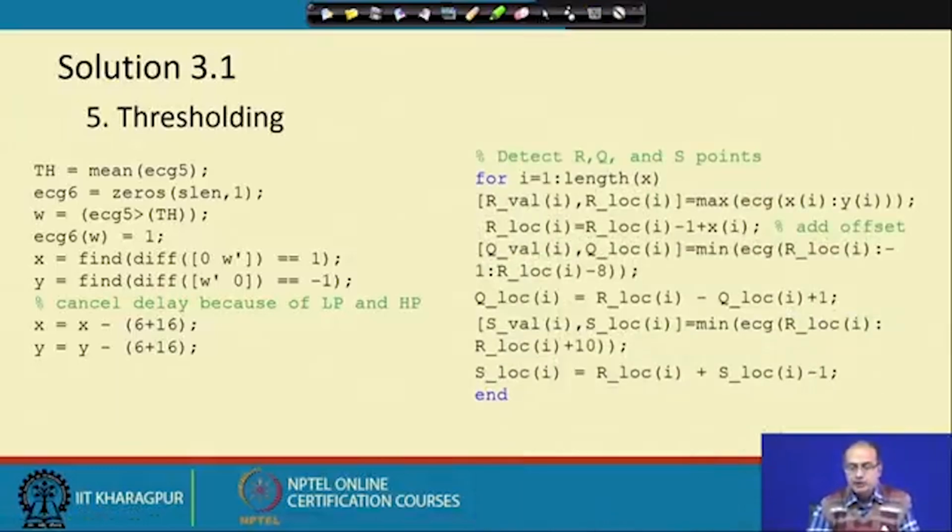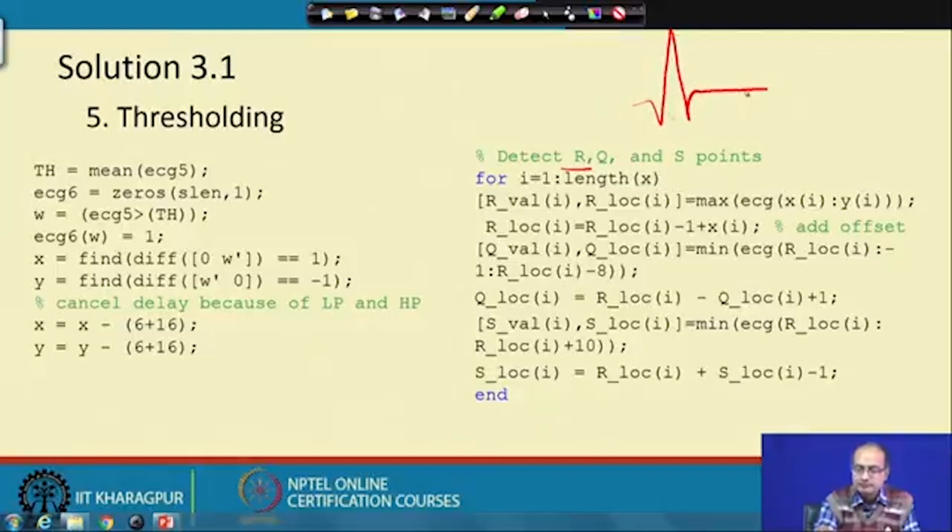Next, we would like to find the location of the R wave first. You may recall that the QRS complex looks like this. This is Q, this is R, this is S, and x and y give us the bound within which that peak is lying. So, first we look for the R value.